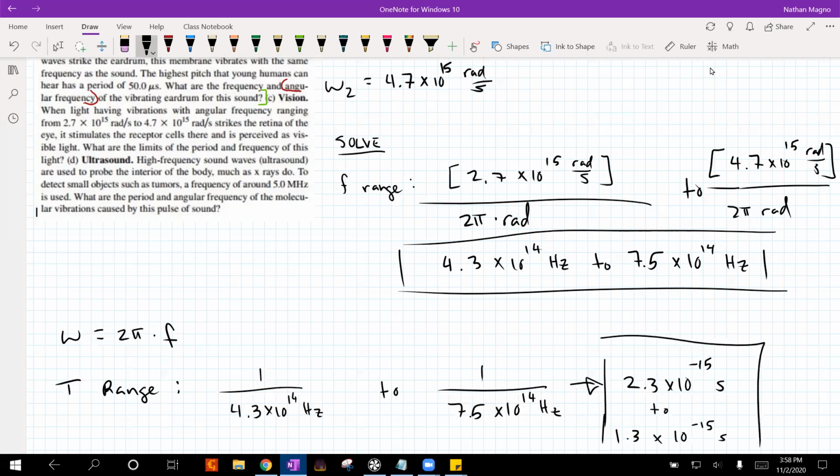So that's the period range, the amount of time it takes for this light to complete one cycle.